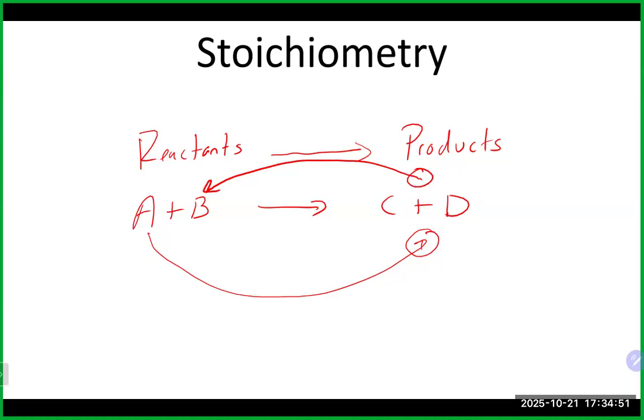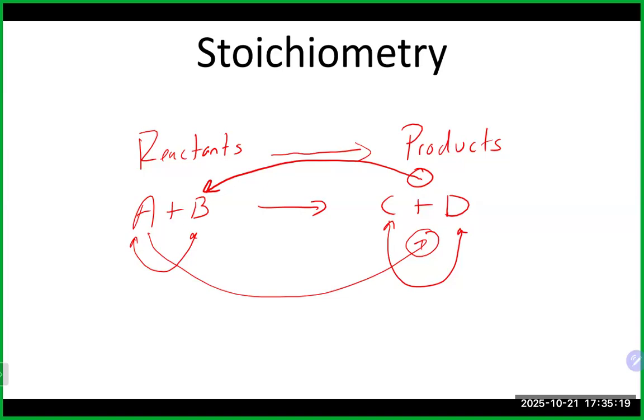But also remember that stoichiometry can be done on the same side of the arrow. So you could do it between two reactants and understand how much of one reactant you would need to add to another one. We could also do it on the product side as well. So if we produced a certain amount of one product, we could also use stoichiometry to figure out how much of the other product.